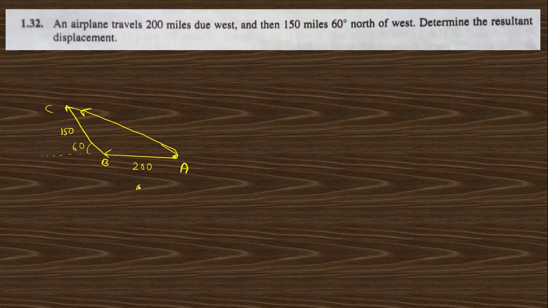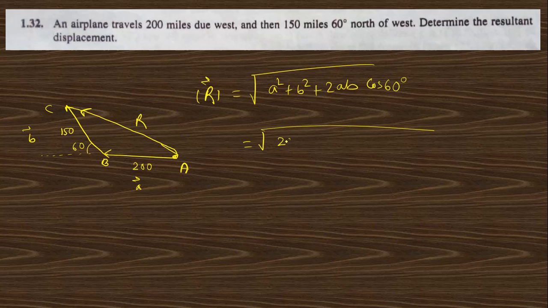This is taken as vector A and this is taken as vector B. The magnitude will be the square root of A squared plus B squared plus 2AB cos 60, since the angle between these two vectors is 60. So it is 200 squared plus 150 squared plus 2 into 200 into 150 into cos 60, which is half.